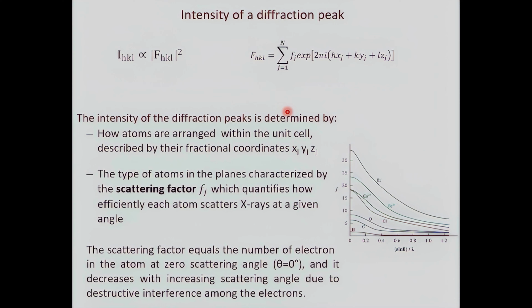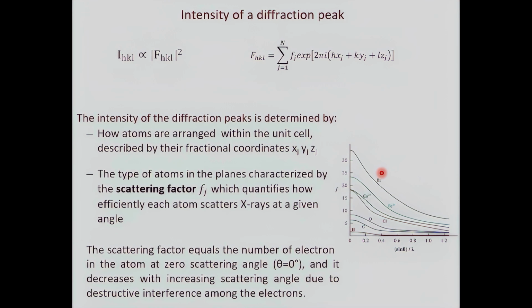But it depends also on Fj, which is, as I said, the scattering factor. The scattering factor represented here quantifies the efficiency with which each atom is able to scatter an incoming X-ray. The distribution is this one.